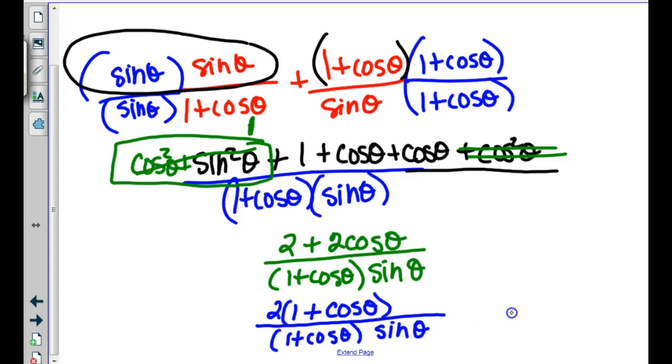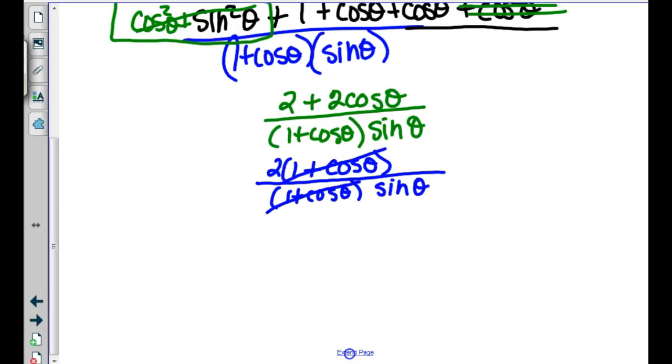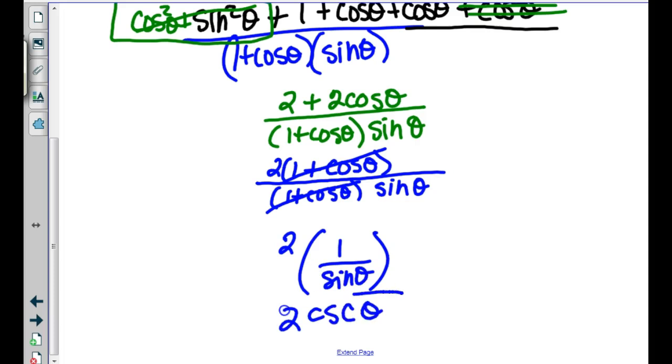What happens? You can cancel this because it's an entire quantity, right? It's not being added or subtracted to another quantity. So then I have left a 2 on the top and a sine in the denominator, which I could write like that, which is 2 cosecant. Yep, that's not on the quiz either.